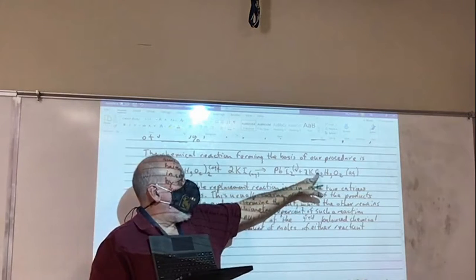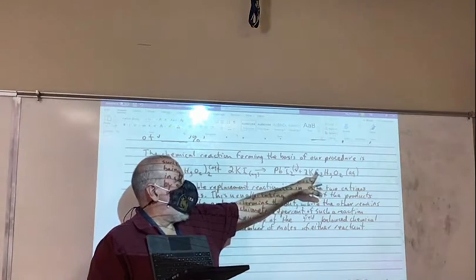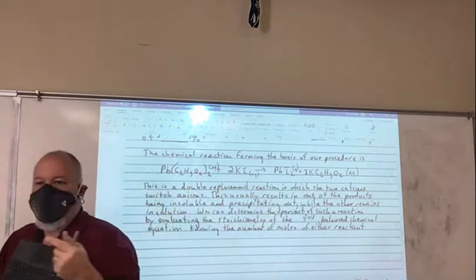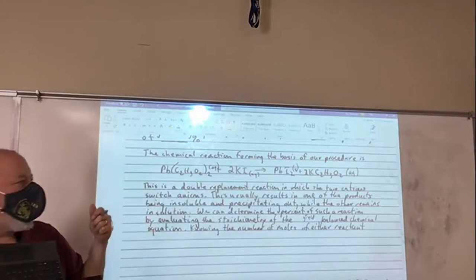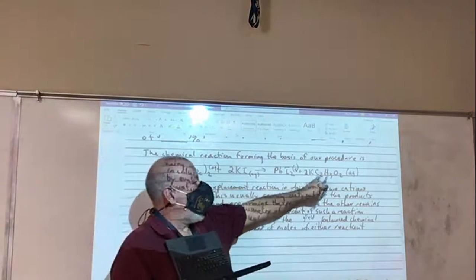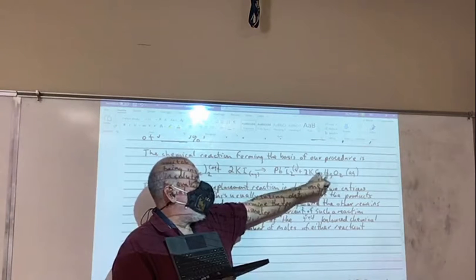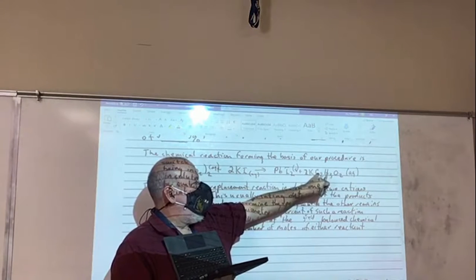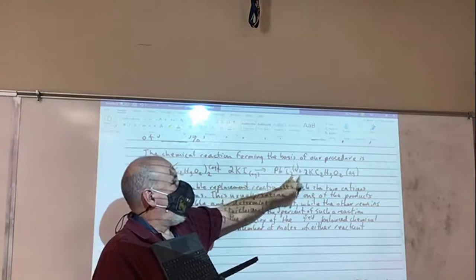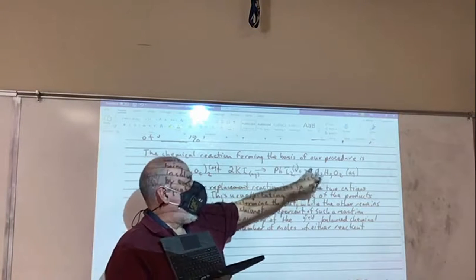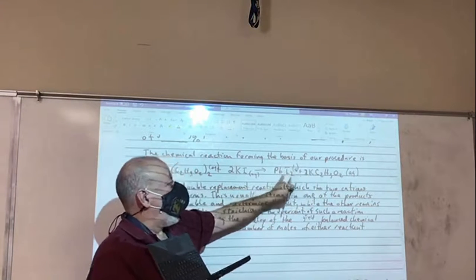Or I could have found out how many moles of this I got, right? I could have done what Garen suggested and evaporated all of this solution and found out how many moles of this that I was supposed to get. If I have 2 moles of this, I'm supposed to have 1 mole of this.